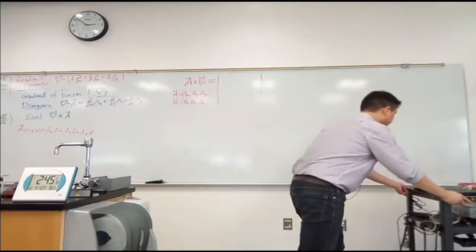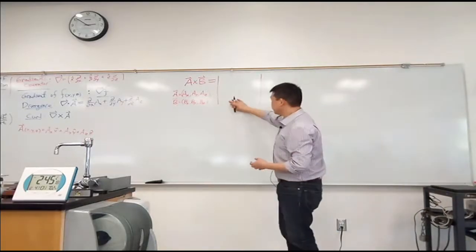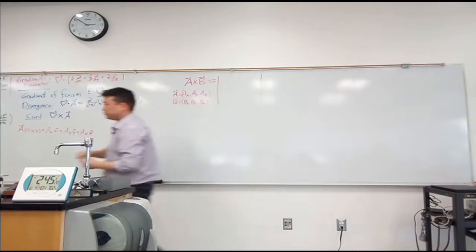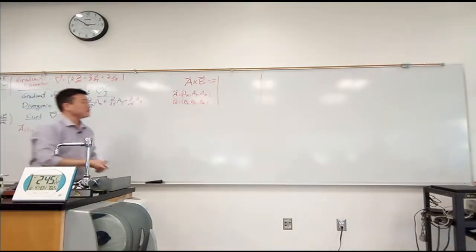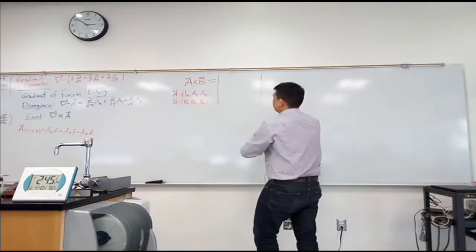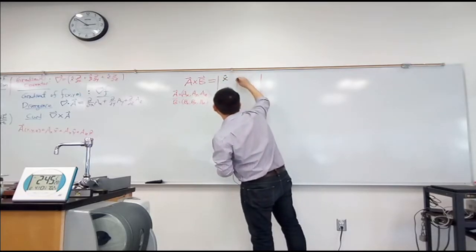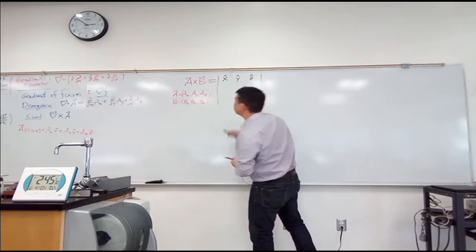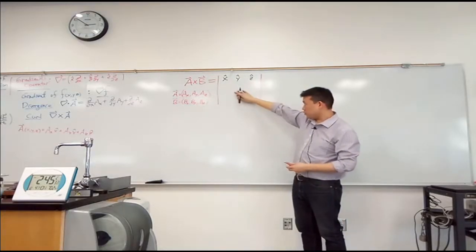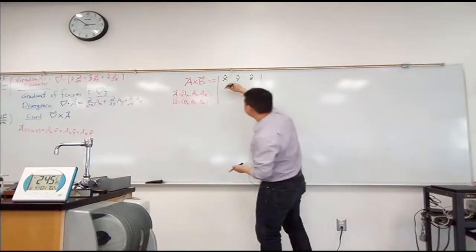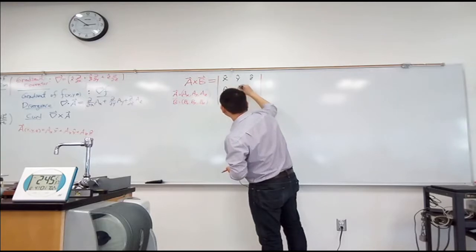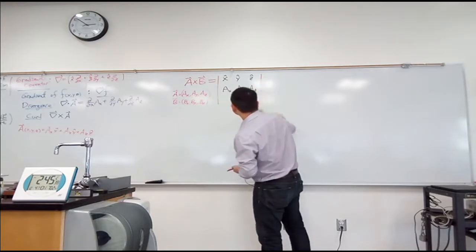It's the determinant of this 3 by 3 matrix where the first row is the unit vectors, x hat, y hat, z hat. The second row is the first vector, Ax, Ay, Az.